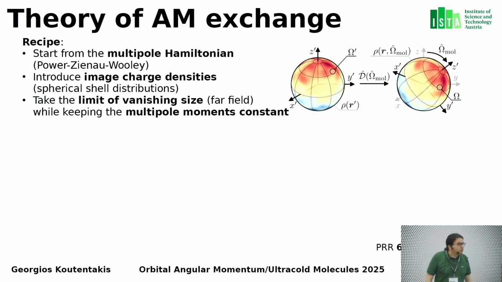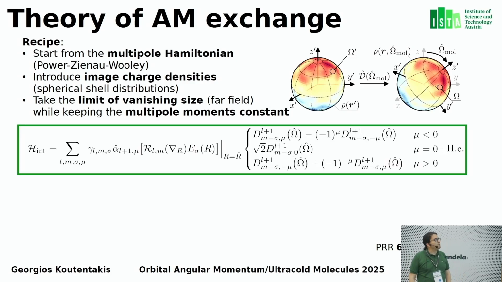So our approach was to do it systematically and start from the QED Hamiltonian, the Power-Zienau-Woolley, and then use spherical charge densities that can rotate nicely, and we can also take the limit of the point charge, a single point in space representing the molecule, which is the far field approximation, while keeping the multipole moments constant.